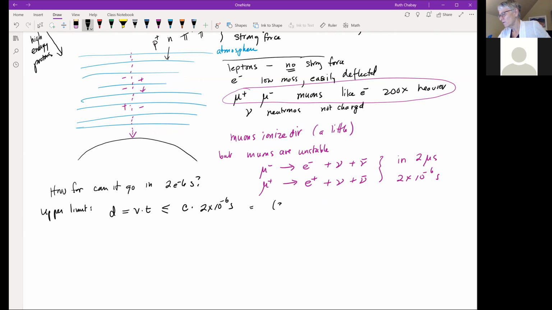So we have 3 times 10 to the 8th meters per second times 2 times 10 to the minus 6 seconds, which gives us 600 meters. It could go less than 600 meters before decaying, but the thickness of the atmosphere is something like 50 kilometers.